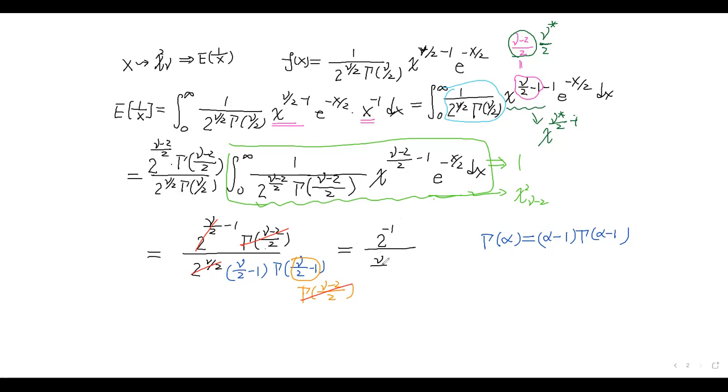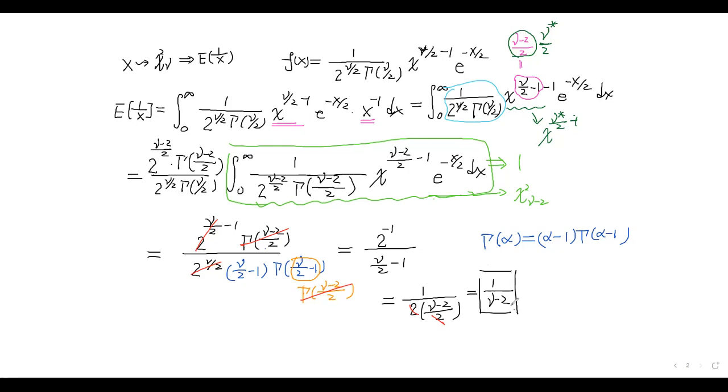Let's use algebra to simplify it. The 1 can move here, then V over 2 minus 1 is V minus 2 over 2, so the 2s cancel. So this is 1 over V minus 2.